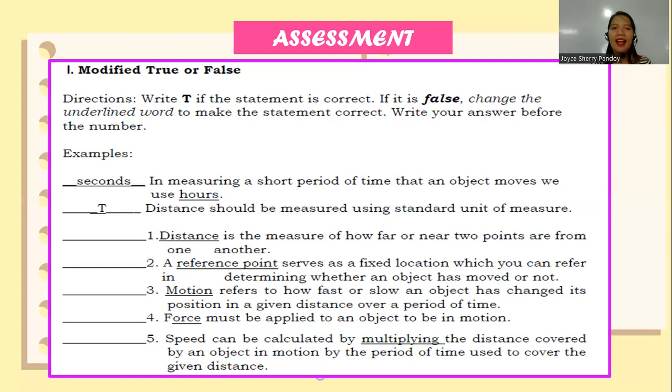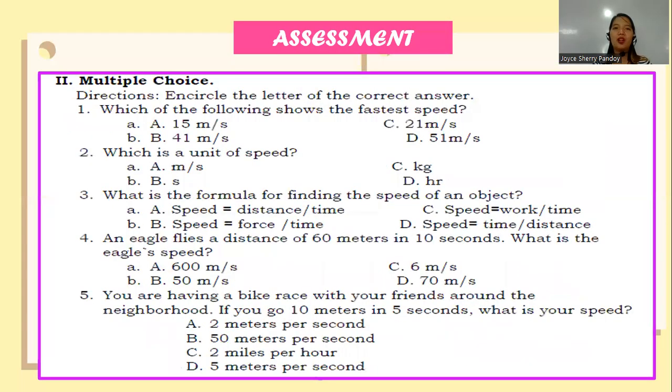Okay, next part of the assessment is the multiple choice. So you're just going to encircle the letter of the correct answer. So let us have number 1 as an example. Which of the following shows the fastest speed? A, 15 meter per second. B, 41 meter per second.